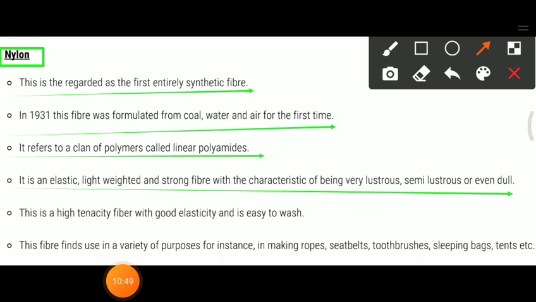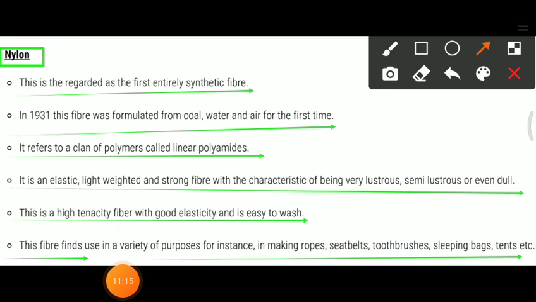It is an elastic, lightweight and strong fiber with the characteristics of being very lustrous, semi-lustrous or even dull. This is a high tenacity fiber with good elasticity and is easy to wash. This fiber finds use for a variety of purposes, for instance in making ropes, seat belts, toothbrushes, sleeping bags, tents, etc.